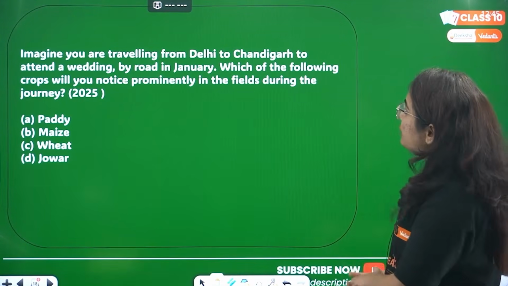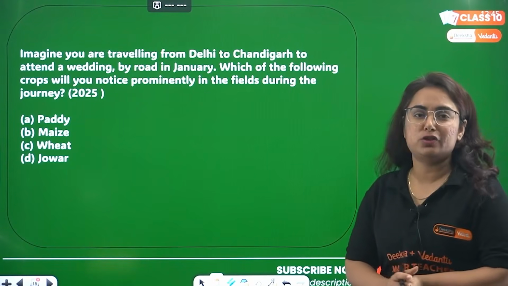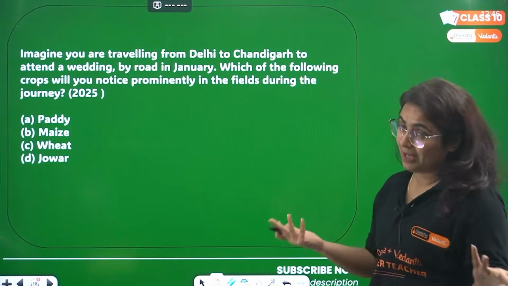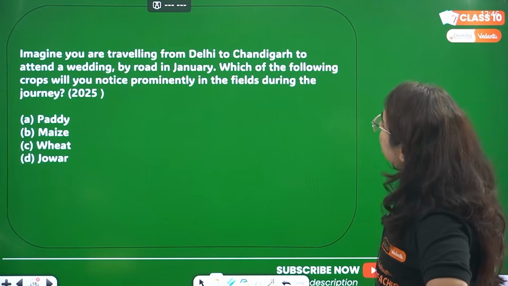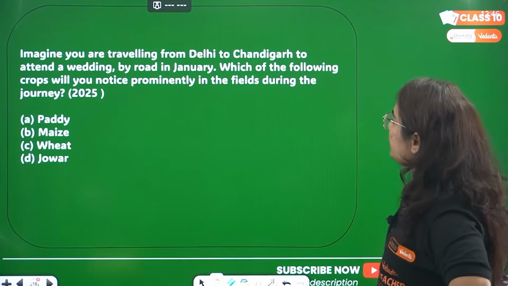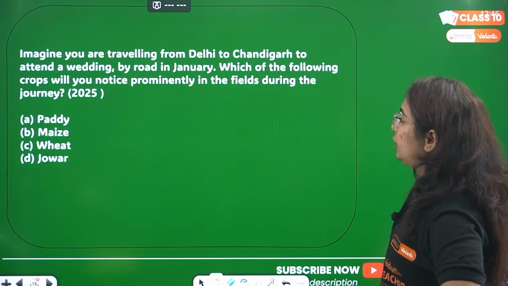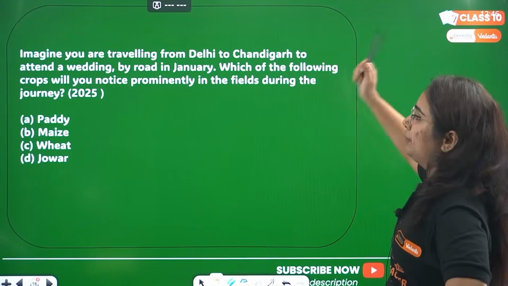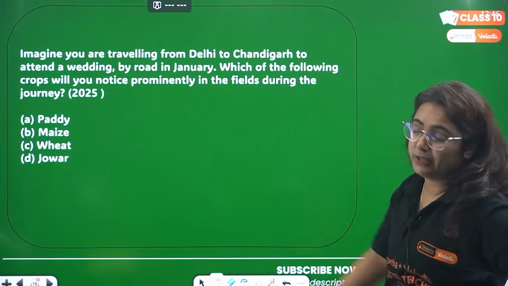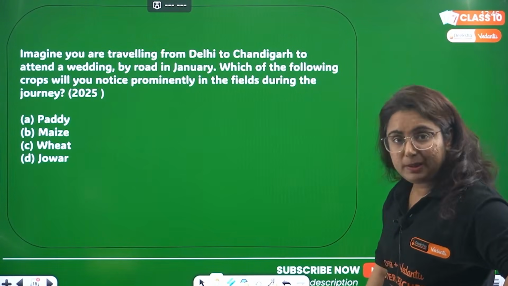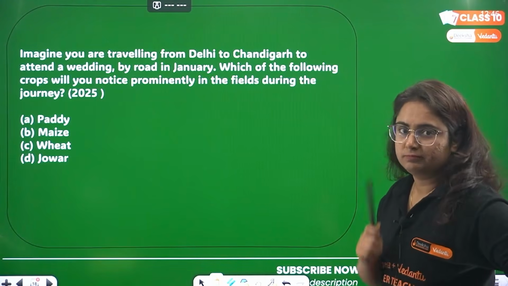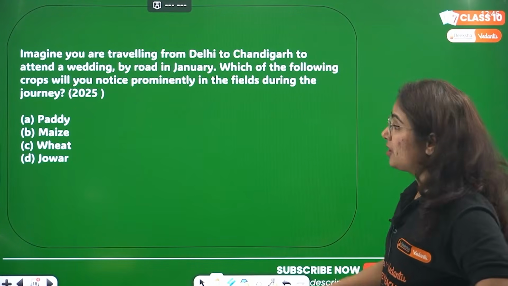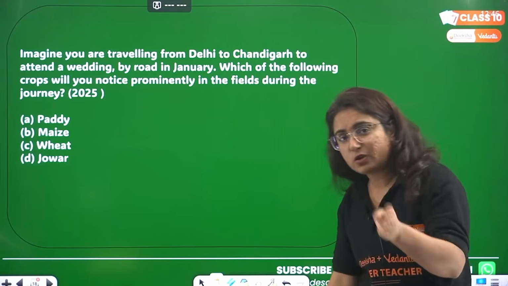Okay, do we have a question related to this? Obviously. Imagine you are traveling from Delhi to Chandigarh to attend a wedding by road in January. Which of the following crops will you notice prominently in the fields during the journey? Asked in 2025. If you still believe class 10th is easy, you need to think again, because questions don't come straight.